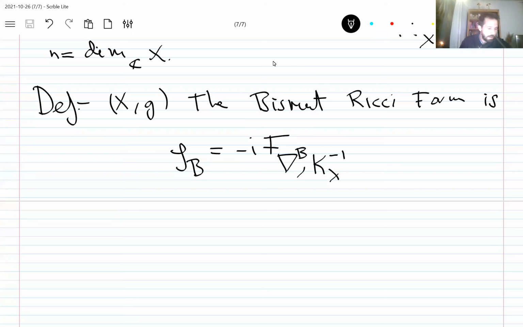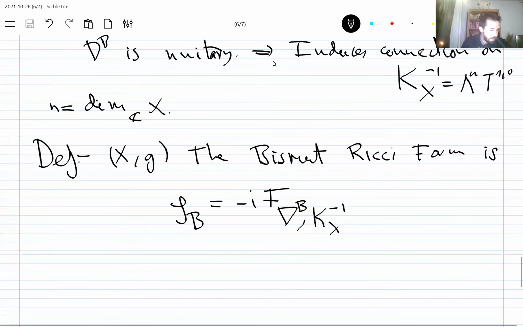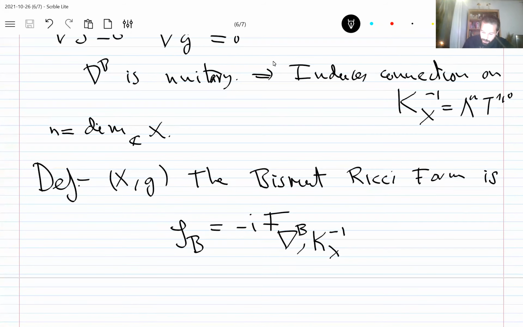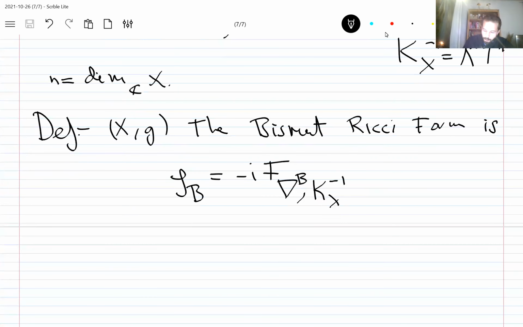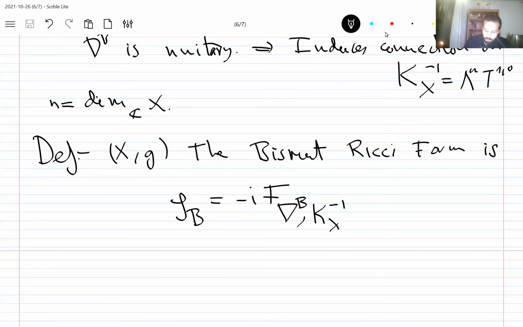So on top of the definition, we say that the metric is Bismut Hermitian Einstein if the Bismut-Ricci form is 0.